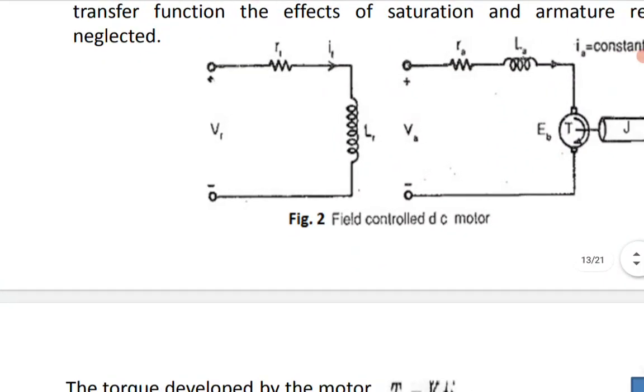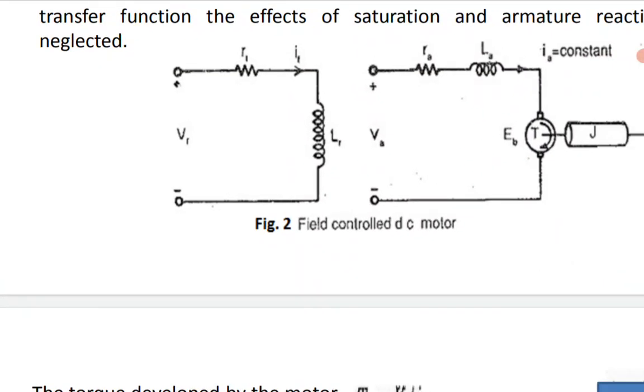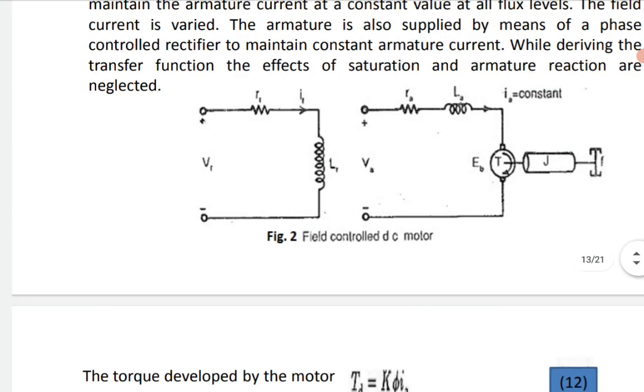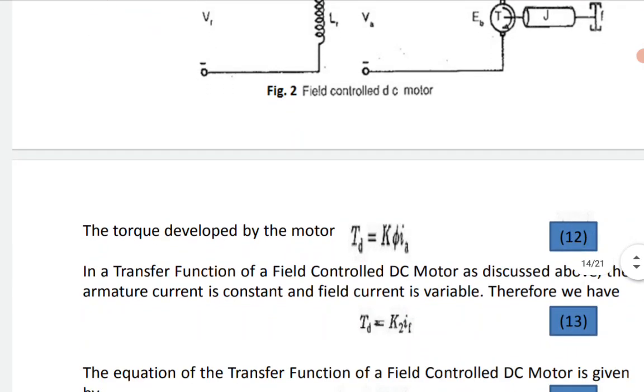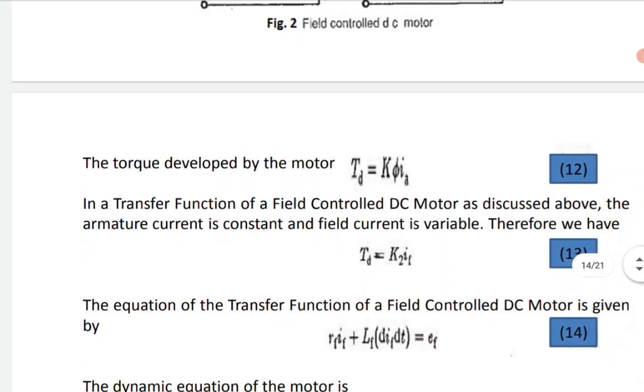Similarly, what we need to evaluate: the transfer function input is VF of S, and the output is the rotation of the shaft, that is angular displacement. If I denote omega of t as my angular displacement, then it will be omega of S. So omega of S by VF of S is equal to what? That should be determined. The electrical equations remain the same.